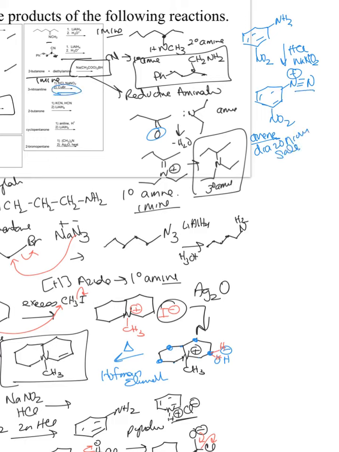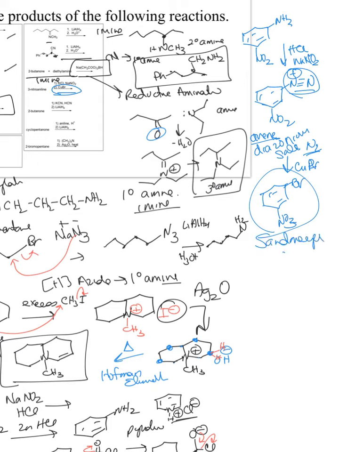And then the second reaction, copper bromide, will replace the N2, that's a great leaving group, nitrogen, with the bromide. We just redraw this nitro at the third position, and a bromide substitutes that nitrogen leaving group. That's the Sandmeyer reaction.